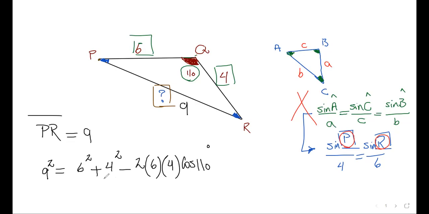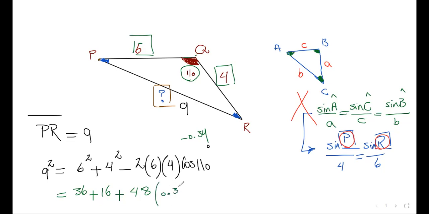Then as a result, it becomes 36 plus 16 plus 48, because minus minus becomes plus. 6 times 4, 24, times 2 becomes 48.